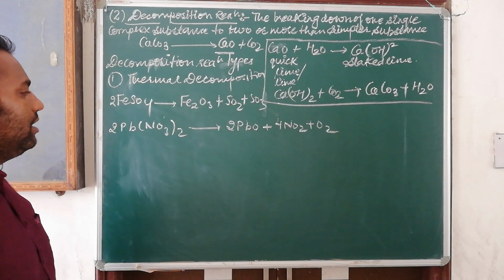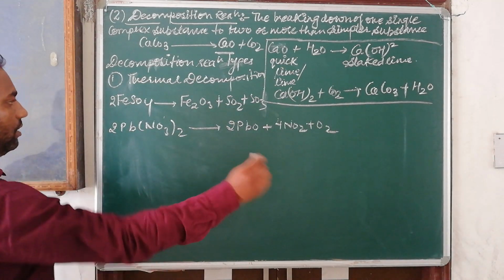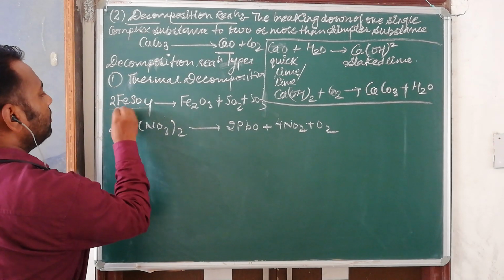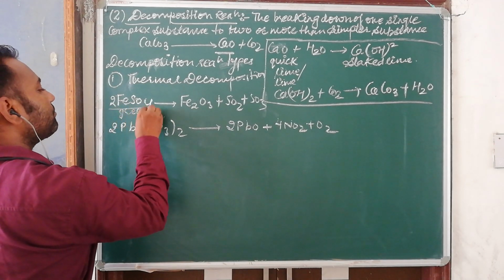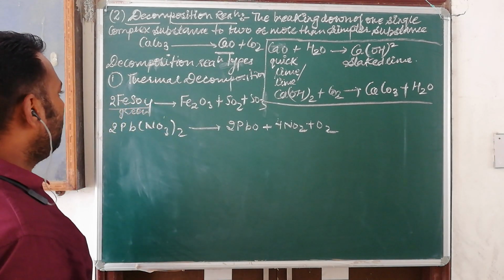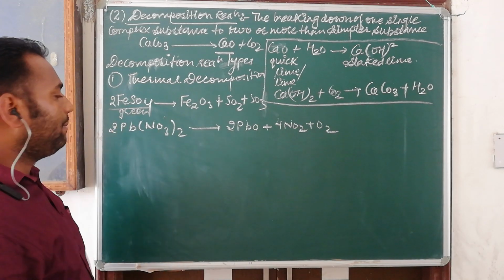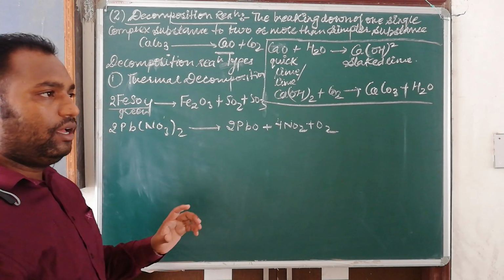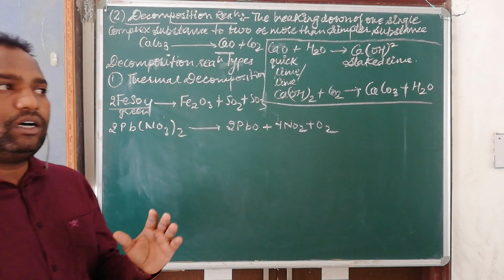So this is our reaction. This is also in the activity form. FeSO4 is green in color.